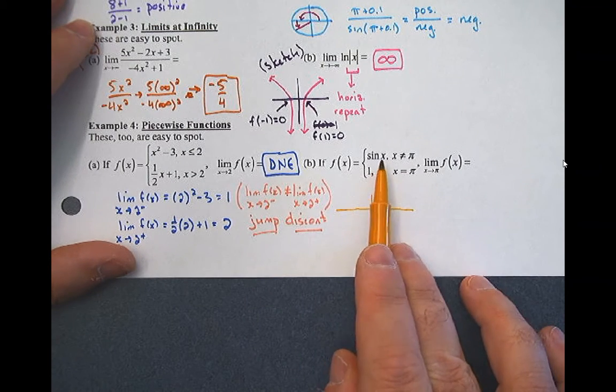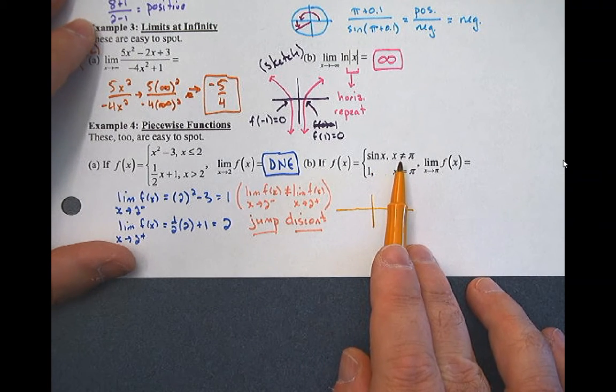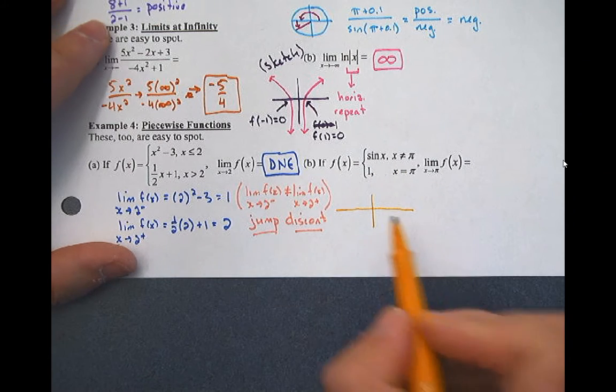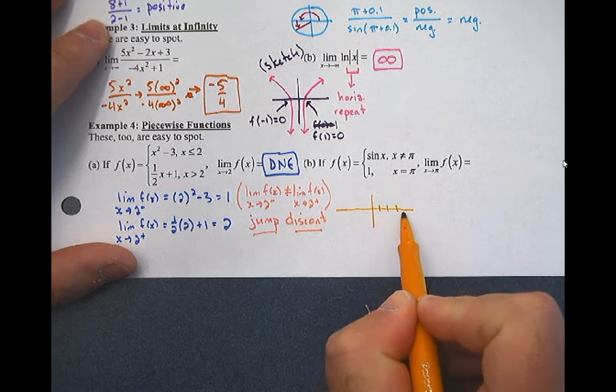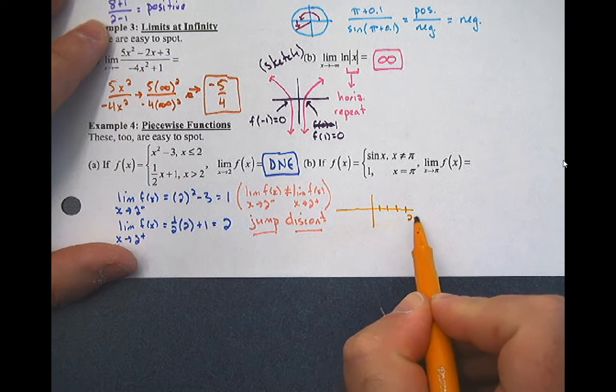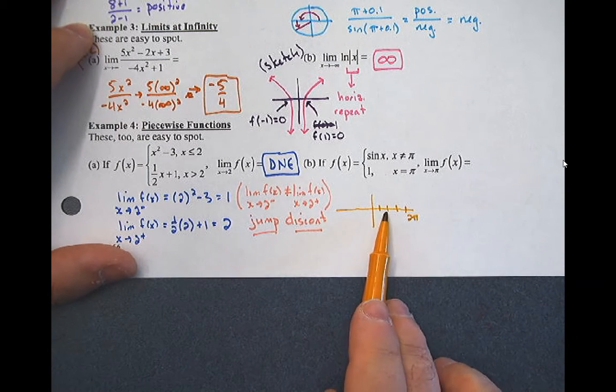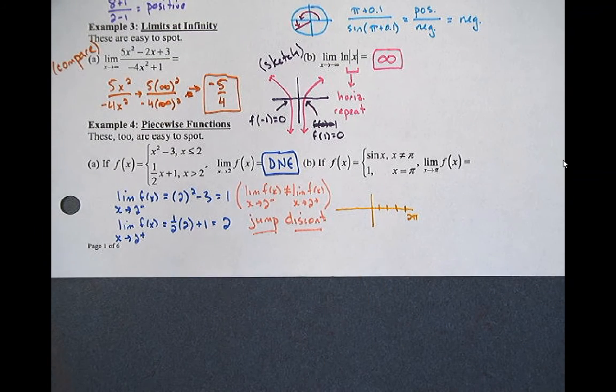And the sine function lives everywhere where x is not pi. Whenever I sketch sine, I usually need 4 tick marks, with this one being 2 pi, which means that one's pi. When my graph gets to pi, there's a hole there. There's nothing there. So let's start to sketch this thing.